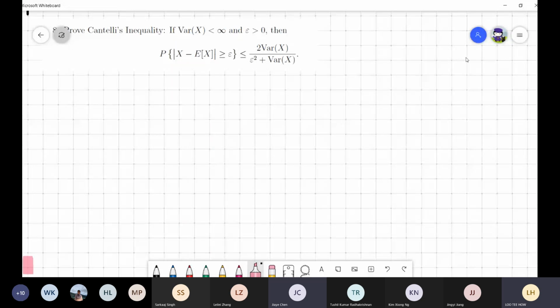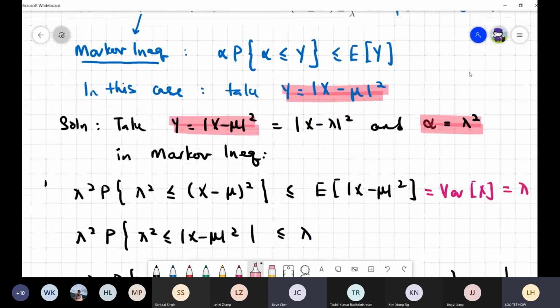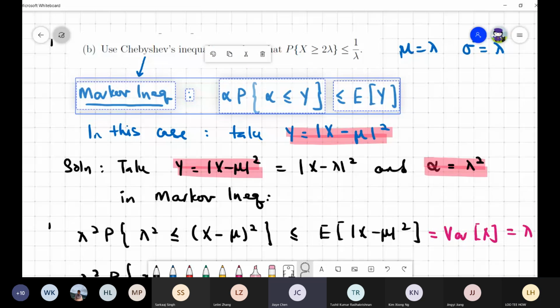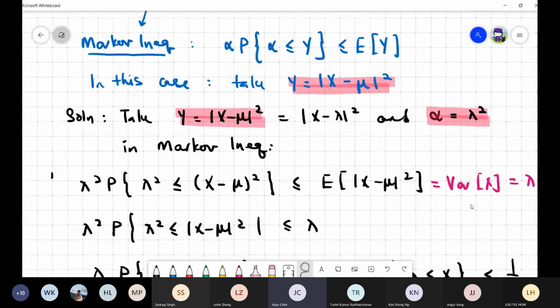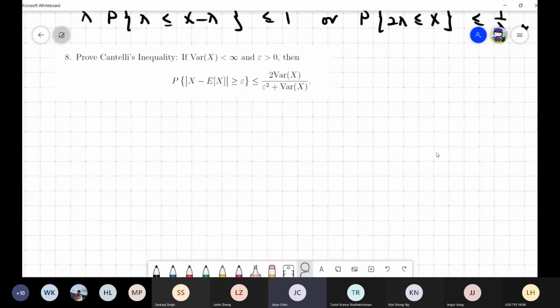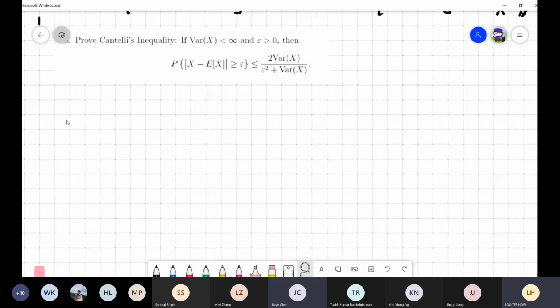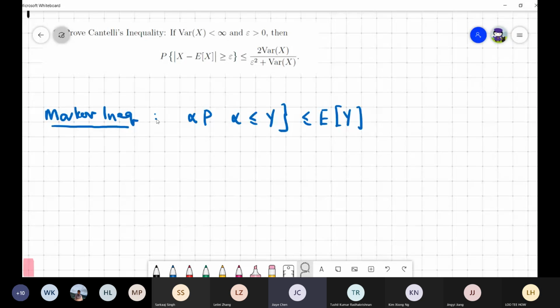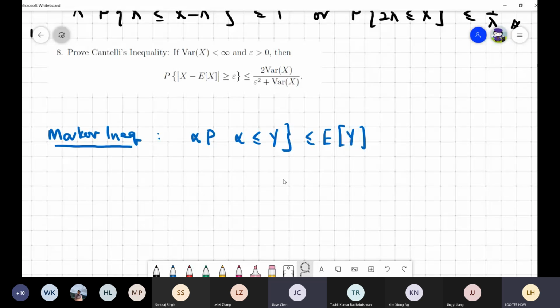Okay, what symbol am I using just now? Okay, again, I need this once again. Markov inequality.